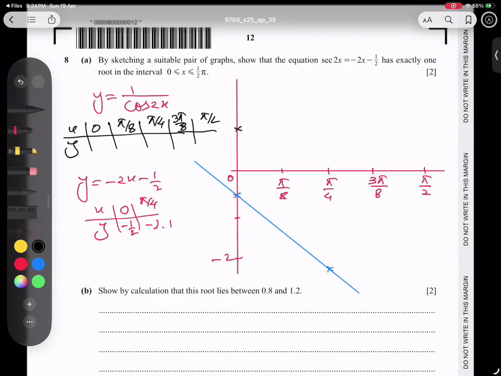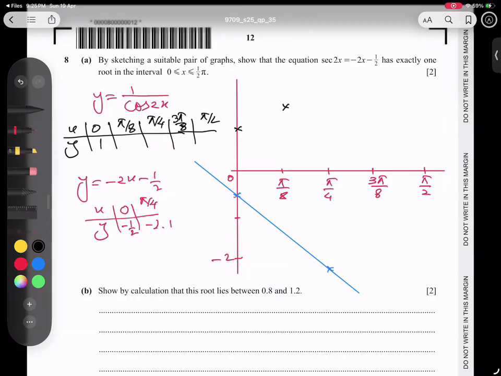When I plug in pi by 8, basically we have a cos, and we have to be in radian mode, make sure, don't forget it. And cos of 2 times 2 pi by 8. It means 1.41. So slightly up.